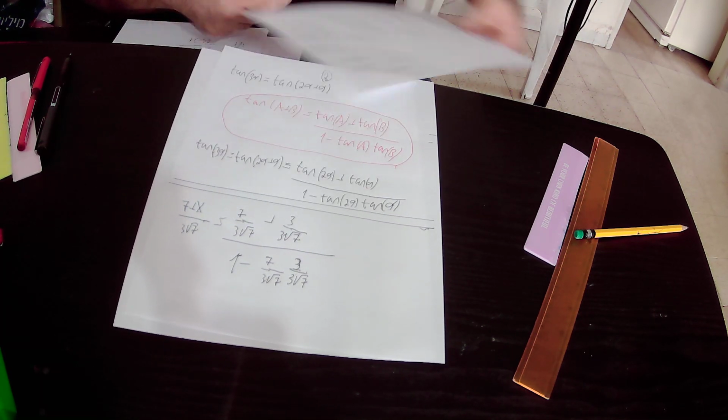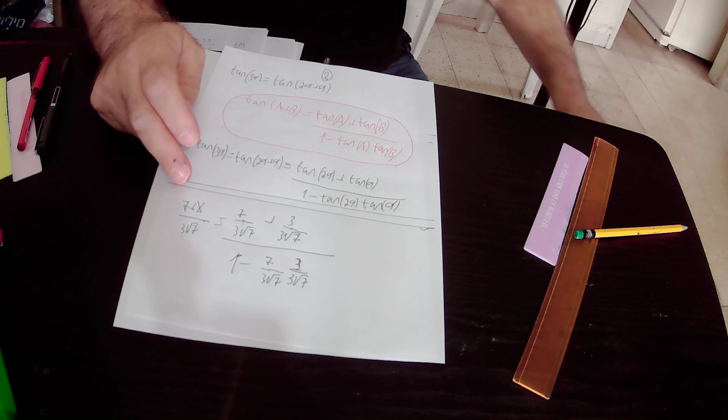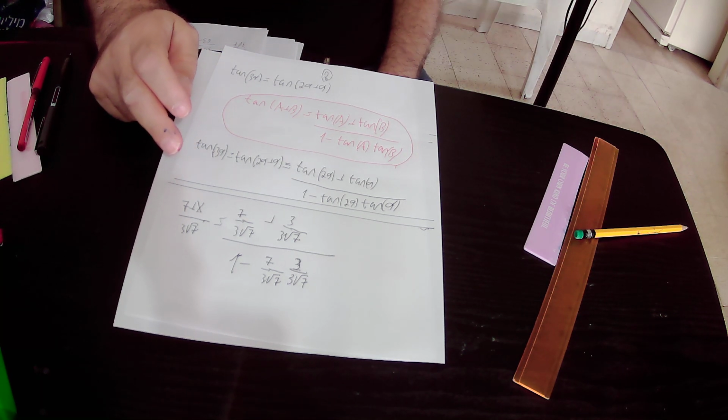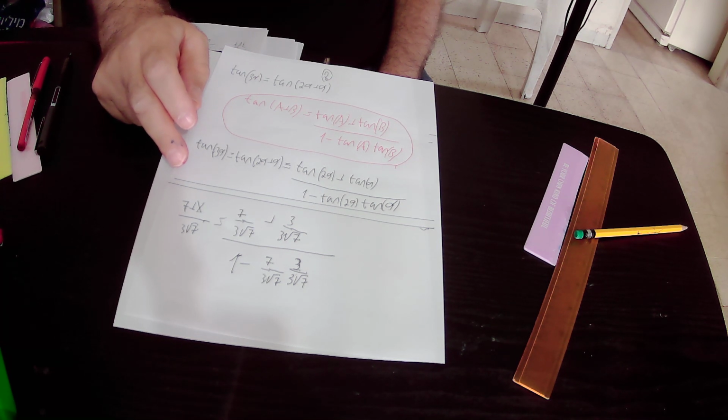and we got this equality. In this equality we have only one missing variable, x, which is the variable we want to find.